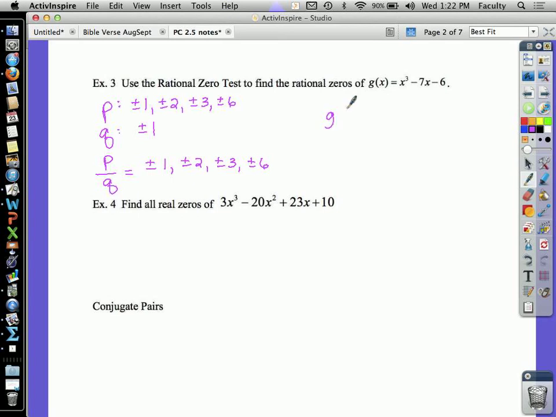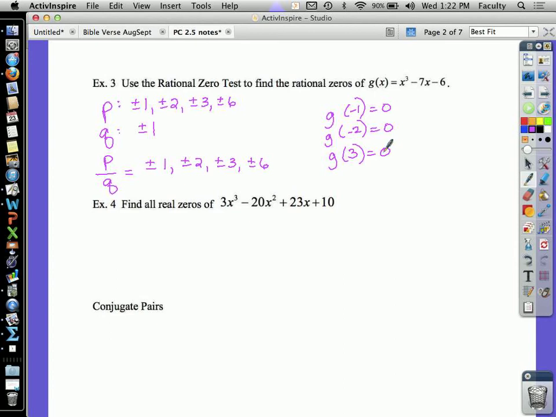So this is meaning that g of negative 1 is 0, g of negative 2 is 0, and g of 3 is 0. How do I know that I don't need to go look anywhere else? How do I know that these are the only 3, Stephanie? Because you're only going to have 3 because of your degree.